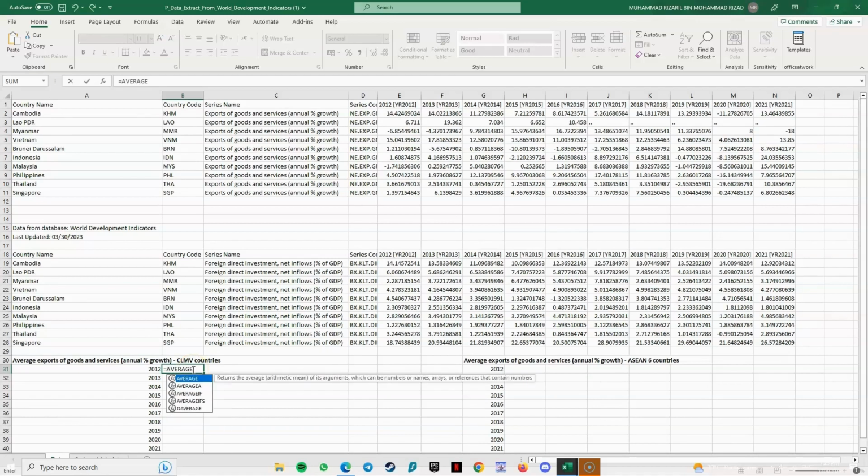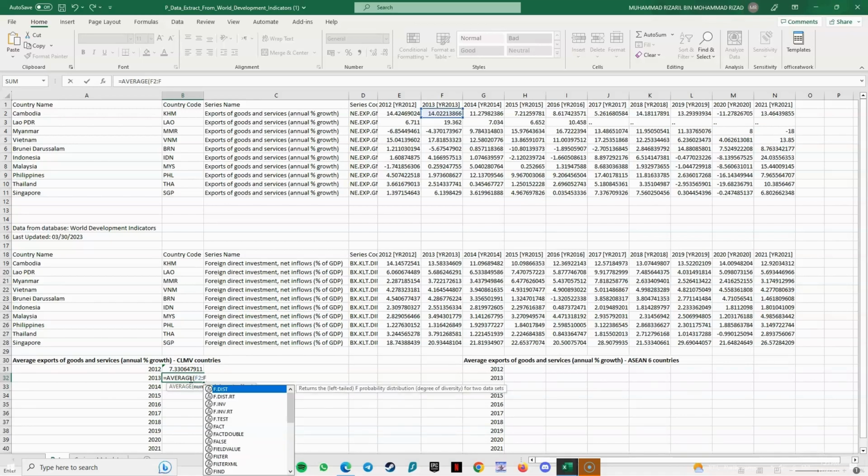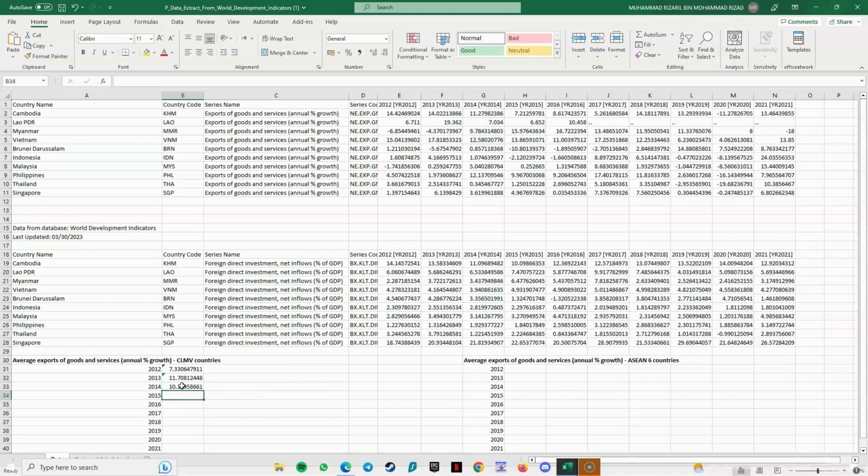To calculate the average exports of goods and services for the CLMV countries and the Asian 6 countries, we use the average formula that exists in Microsoft Excel. The important part is we need to ensure the reference column and row is precise to ensure that our calculation outcome is correct.